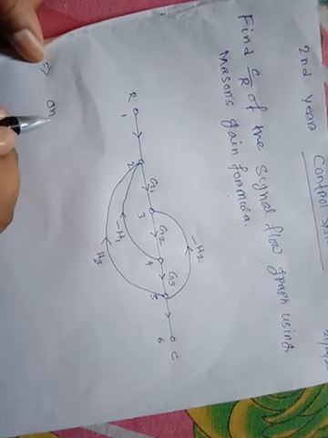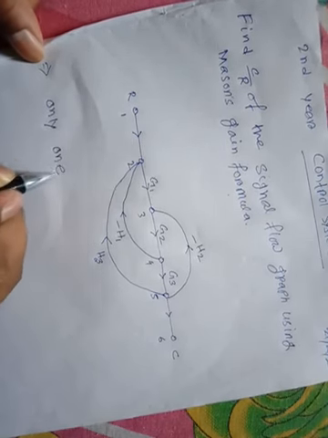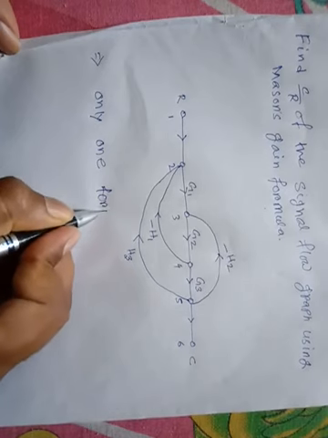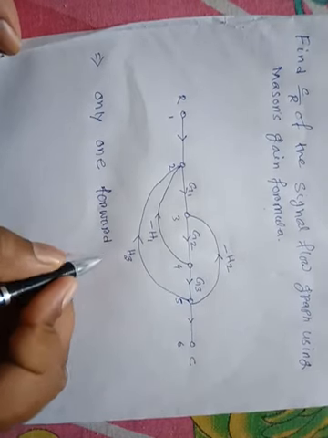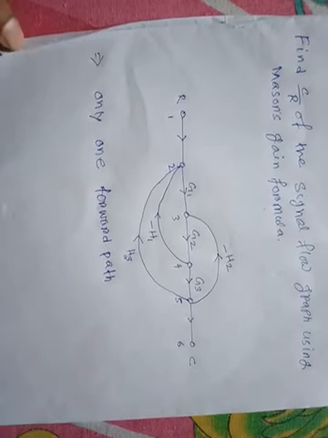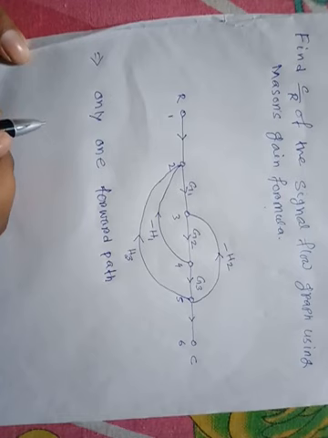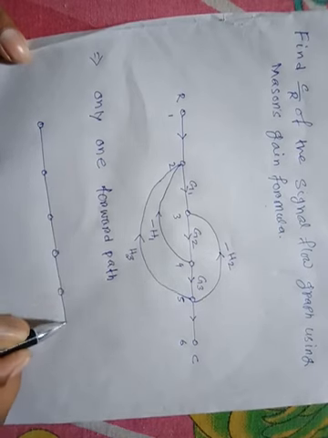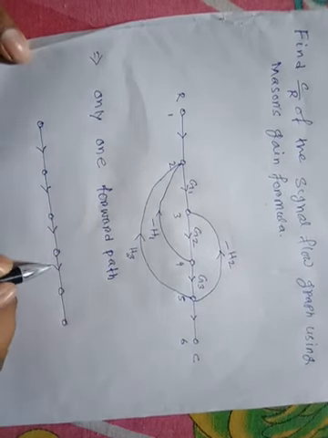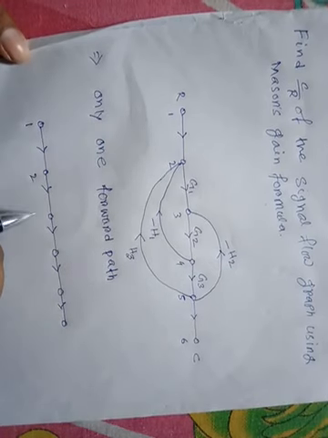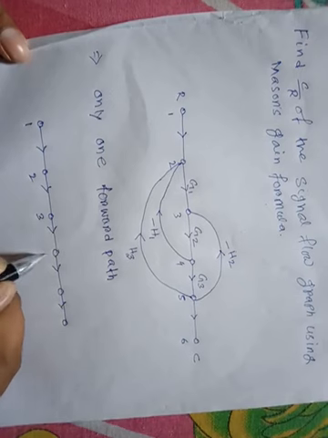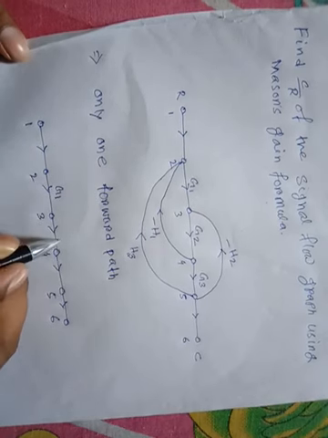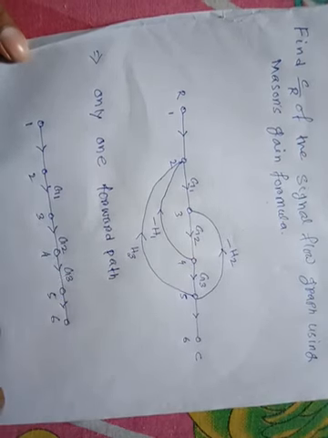The only one forward path. The forward path is 1, 2, 3, 4, 5, 6, through G1, G2 and G3.